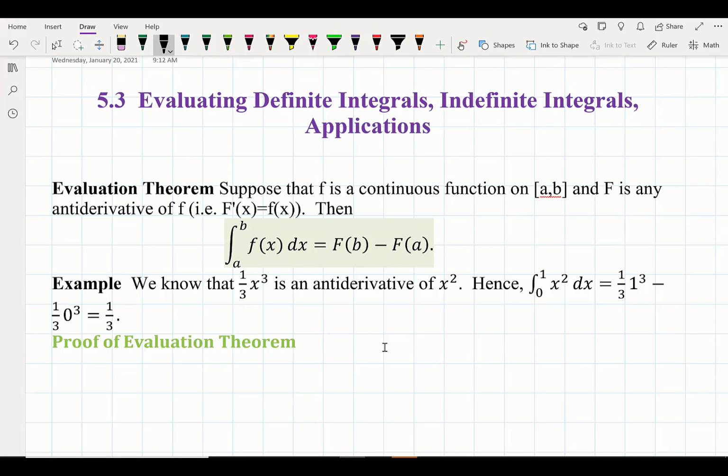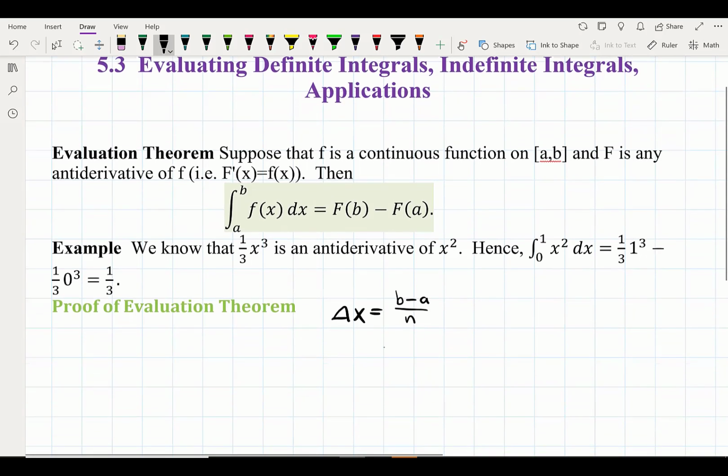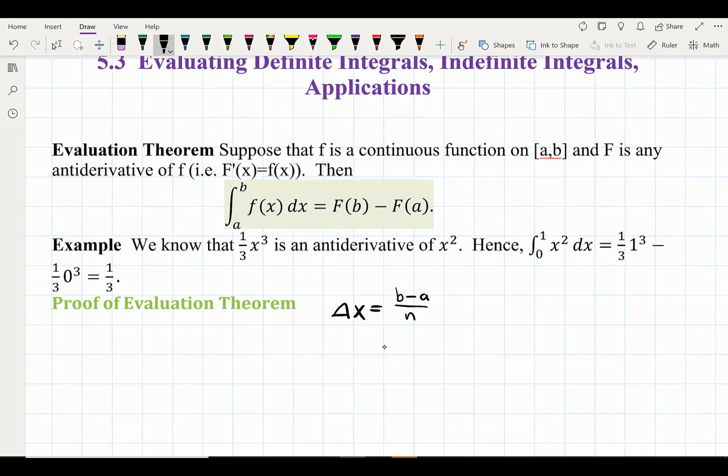For starters, we have that delta x, the width of the subintervals, is b minus a over n. As we know, that's a formula we've used before in the context of Riemann sums.